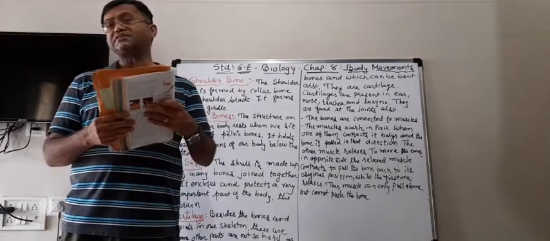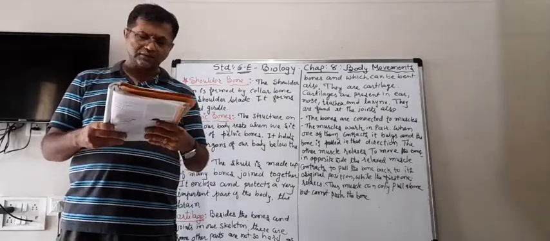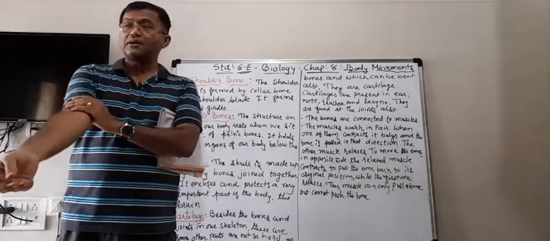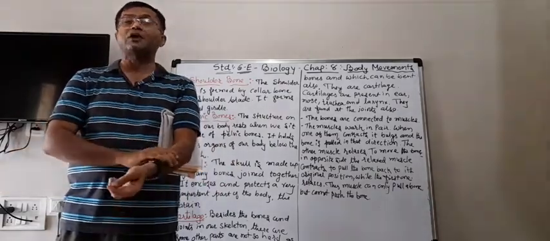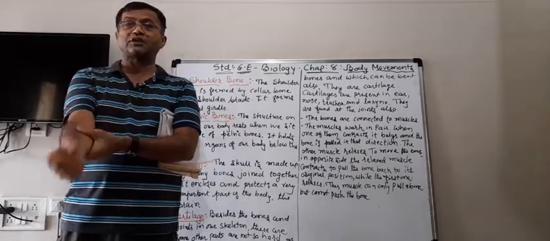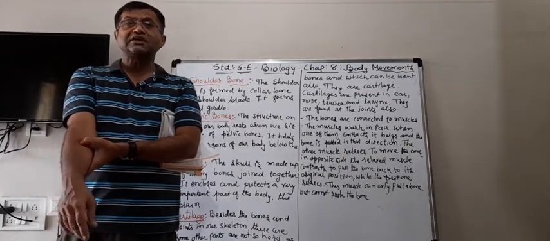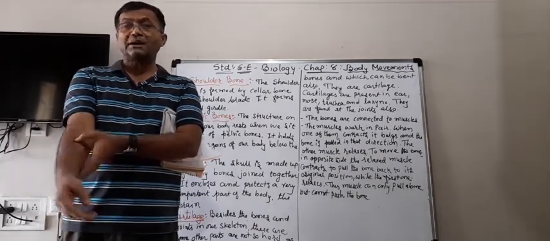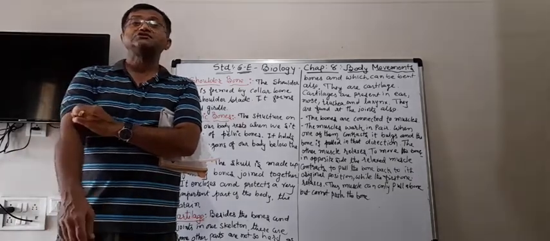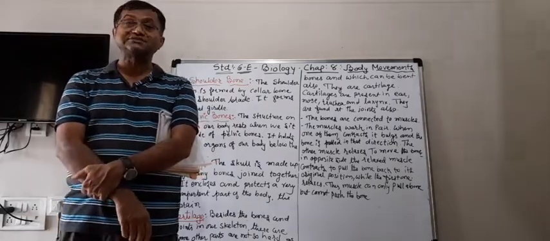Now, another thing we want to talk about is our body. When we press our body anywhere, when you press hard, there is bone inside. But on the bone, there are also softer things, which are known as the muscles.